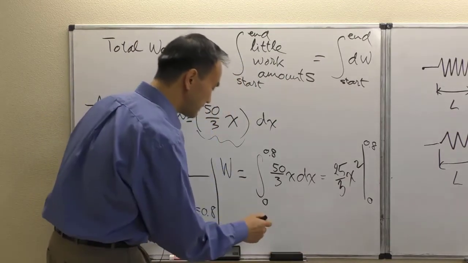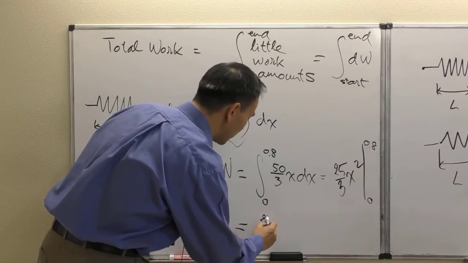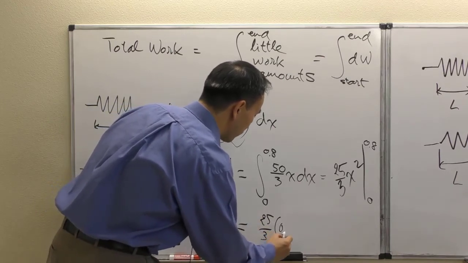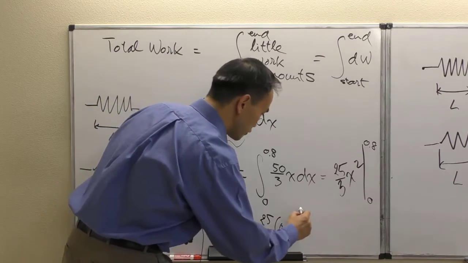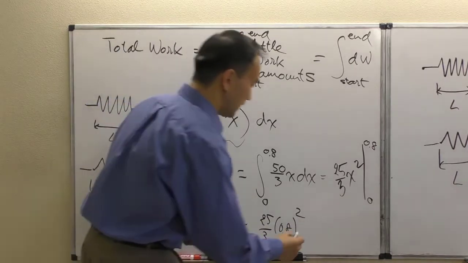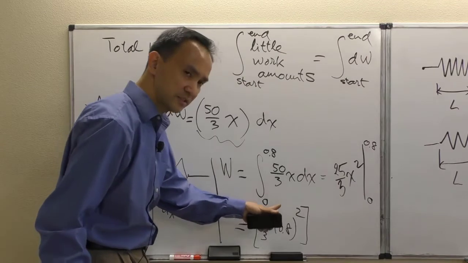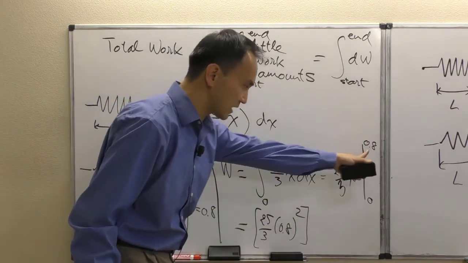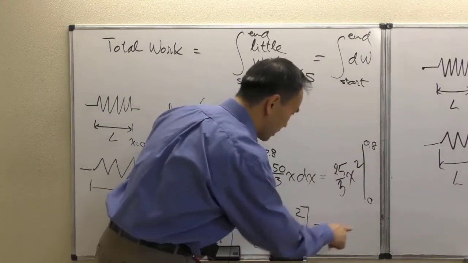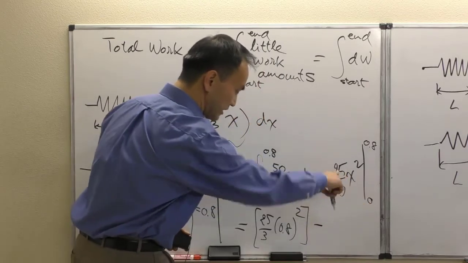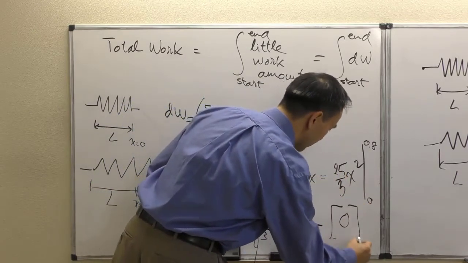So it's going to be 25/3 times 0.8 squared. That's the antiderivative evaluated at 0.8. And then the other part, when we're evaluating 0 in the antiderivative, it's just a zero term like that.